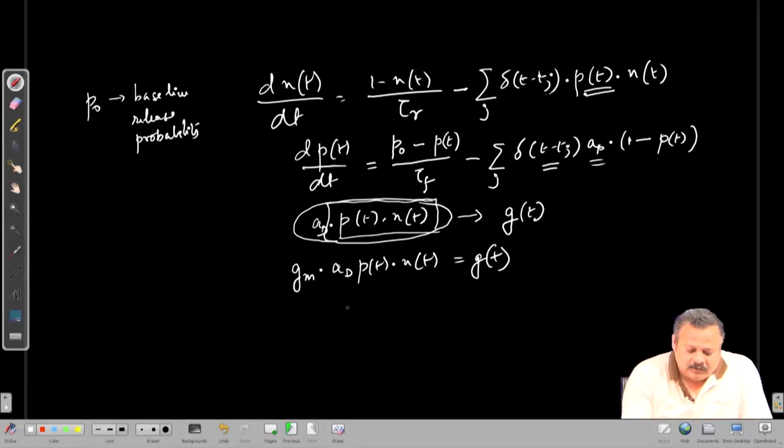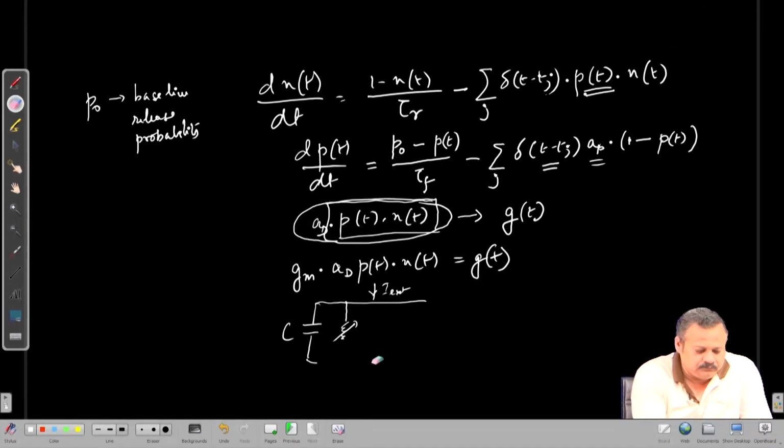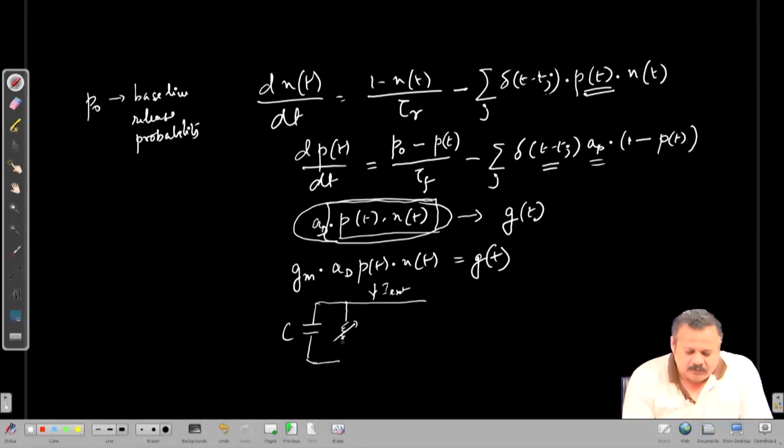So essentially what we are saying is that we have our postsynaptic neuron, and instead of an I external current, I mean this can also be there for, let's say, our patch clamp and so on. This is the capacitor, then if this is the sodium channel, this is the potassium channel branch.